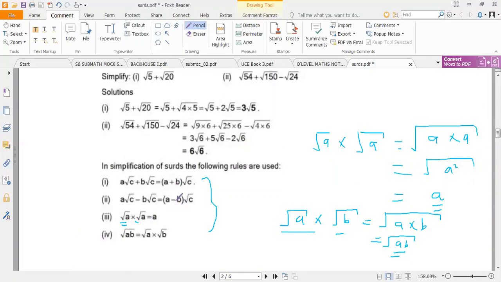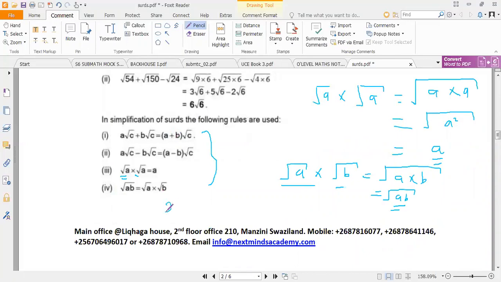However, the situation changes when we are multiplying with a scalar. Let's say if you're multiplying 2 times root a. Since this 2 is not a surd, it is not under the square root, the 2 does not go under the square root sign.